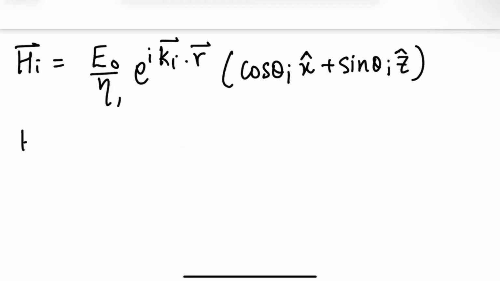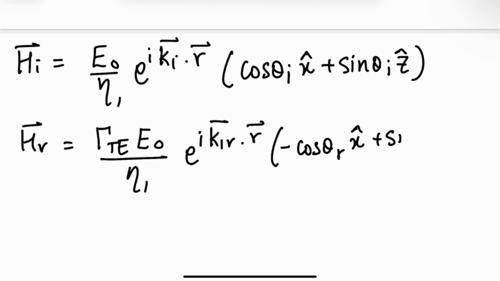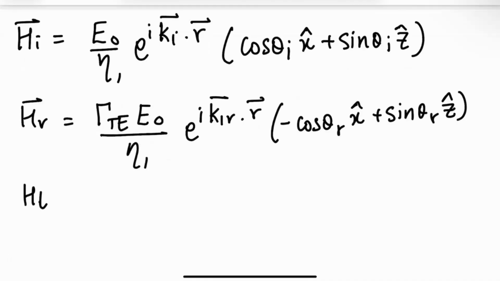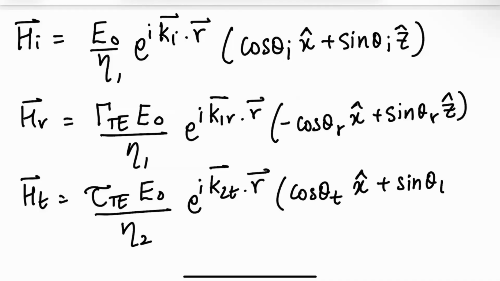And then we also have HR, which is gamma TE E naught over eta 1 e to the i k1R dot r times minus cosine theta R x hat plus sine theta R z hat. And HT is tau TE E naught over eta 2 e to the i k2T dot r times cosine theta T x hat plus sine theta T z hat.